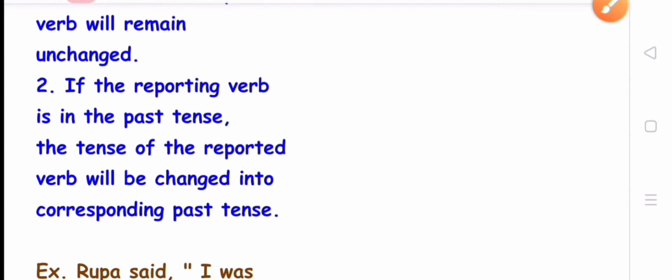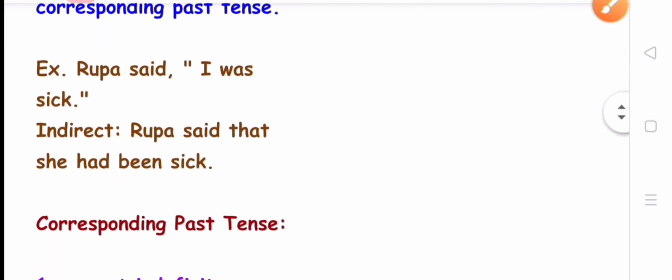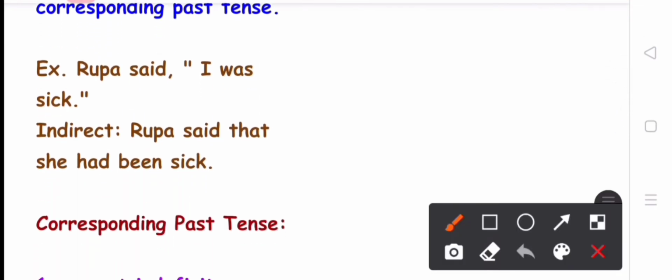Now let us see an example. Rupa said, "I was sick." Here, said is the reporting verb, and "I was sick" is the reported verb.